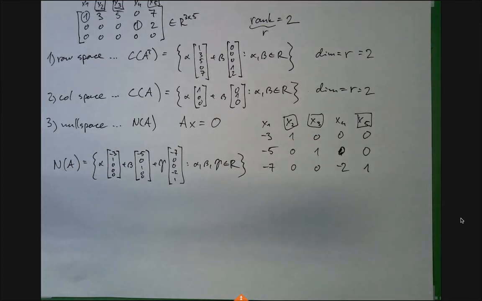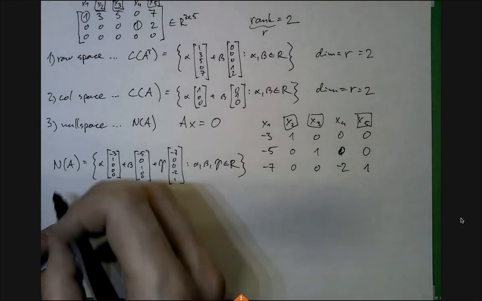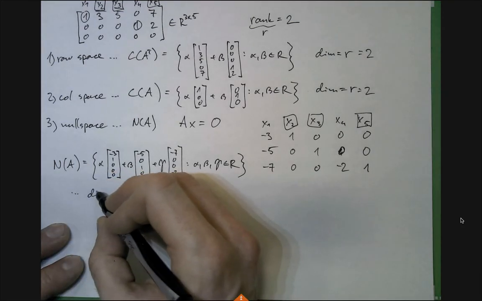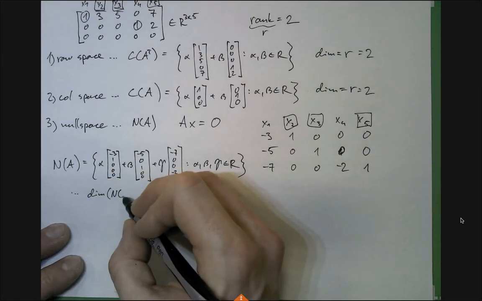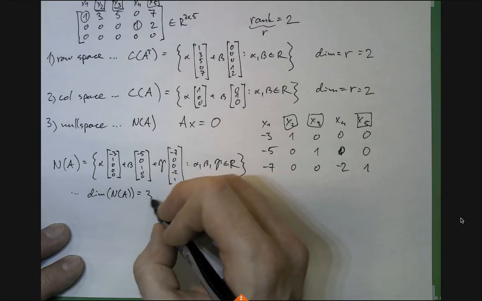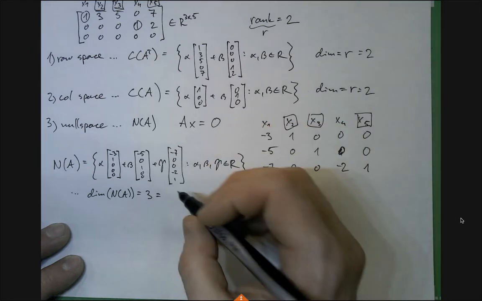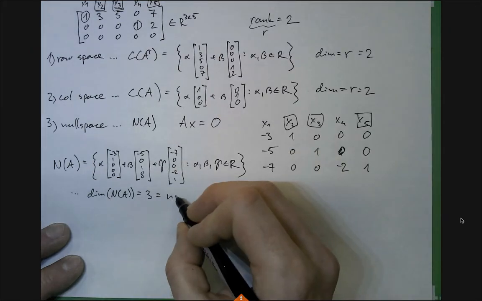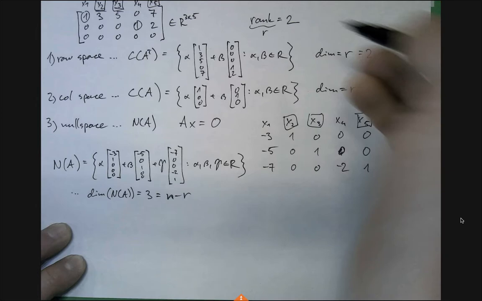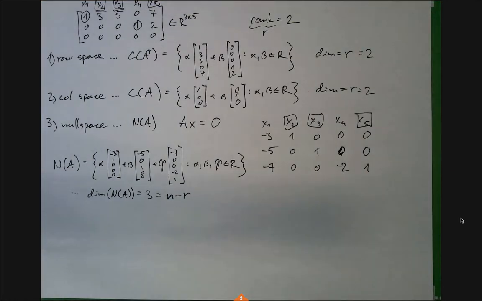Okay? So notice, what is the dimension of the null space? The dimension of the null space is 3, which is exactly 5 minus 2, or n minus r, right? n is 5, rank is 2, so everything is cool.